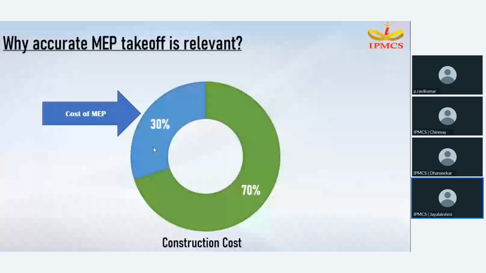Once the quantification is done, if you want to cross-check the elements, it will be difficult and very time consuming also. Whenever a revision happens in MEP drawings, it is difficult to identify the revisions also, as it includes a lot of elements, and of course the quantification of invisible accessories.